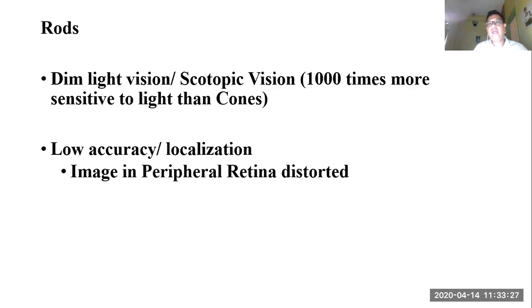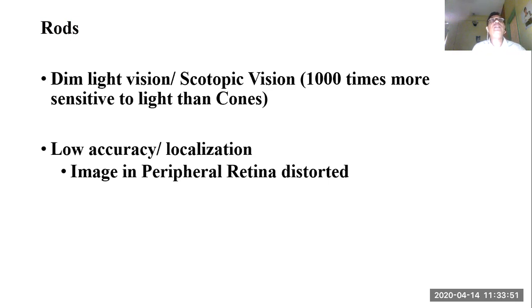One of the factors being that majority of the rods, in fact, rods are not found in the central location of the retina. All the rods are found in the peripheral retina, and the focus of the external light by the various refracting media of the eye is very poor or distorted in the peripheral retina. So that's one of the reasons localization is poor or accuracy is not very high.